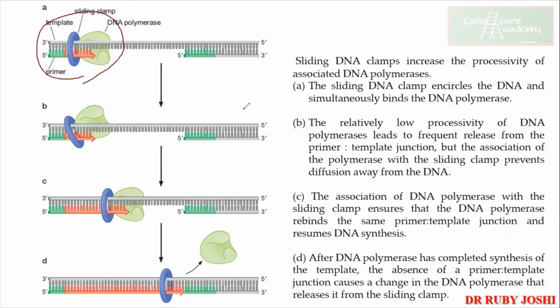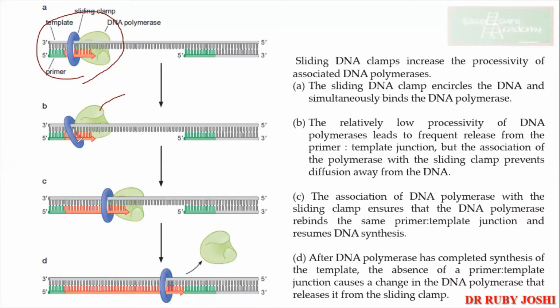Now, the relatively low processivity of the DNA polymerase leads to frequent release from the primer template junction. If the clamp is not here, what will happen? The chances are that the DNA polymerase might fall off from the template. But since the clamp is here and it has also held the DNA polymerase, it will keep the DNA polymerase engaged along with the DNA. It will prevent its diffusion away from the DNA.